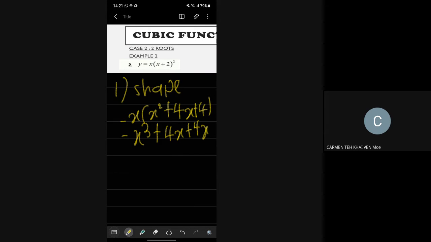So the value of a is positive, so a is greater than 0. So our shape is going to be like this.